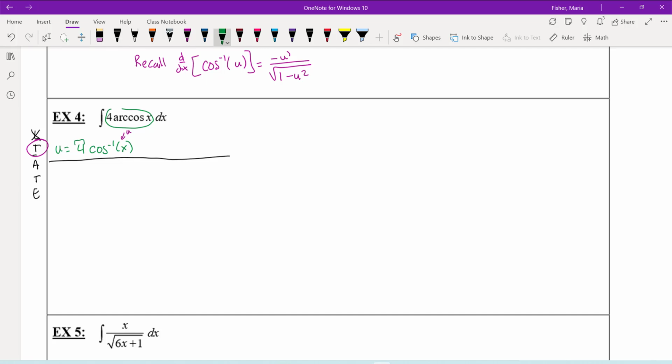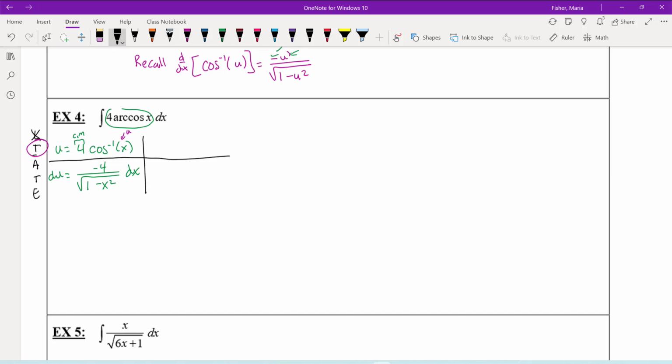But don't forget about this 4, this constant multiplier that's going to multiply along. So we say that our du here is going to be negative u prime. So in this case, it's going to be negative 4 because the derivative of x is 1, but times 4 is 4. So negative 4 over the square root of 1 minus x squared dx.